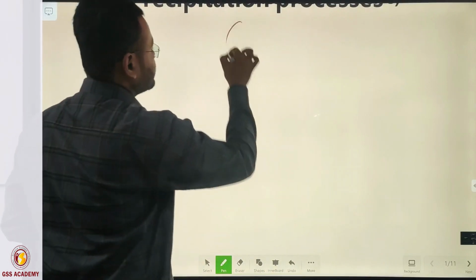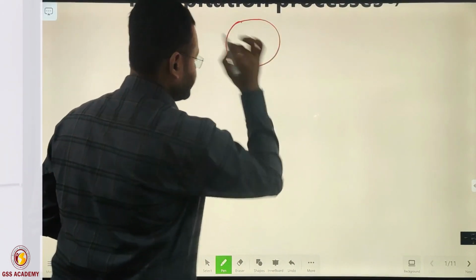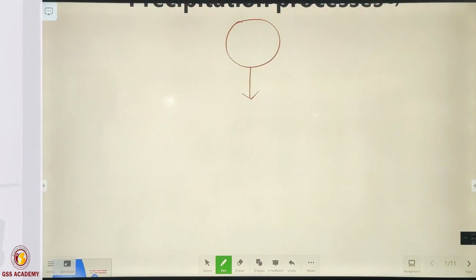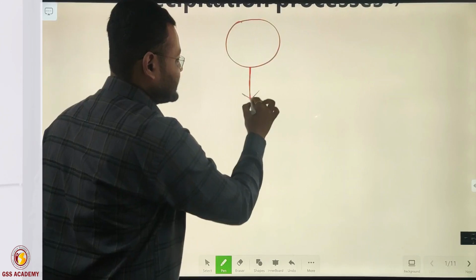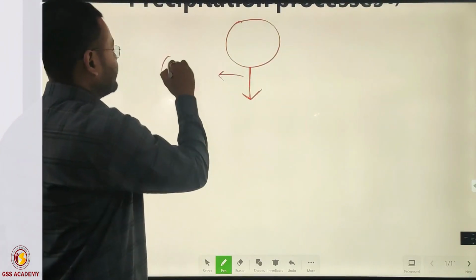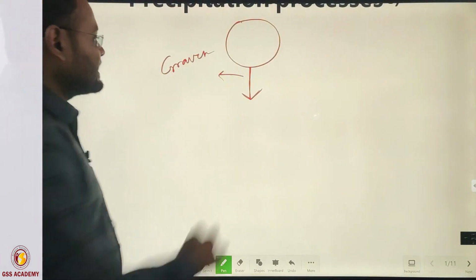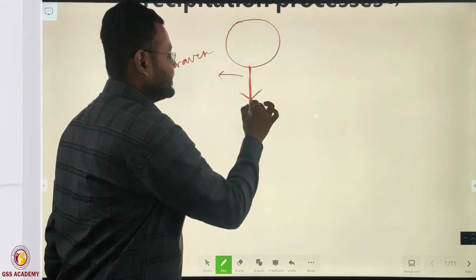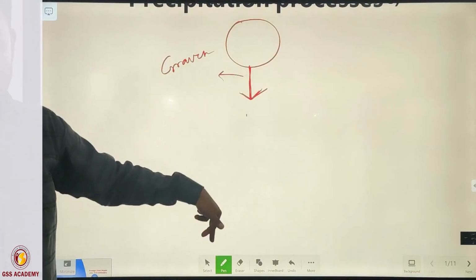Now suppose this is a cloud droplet which is falling towards the earth's surface due to gravity, and this gravity is directed in the downward direction.